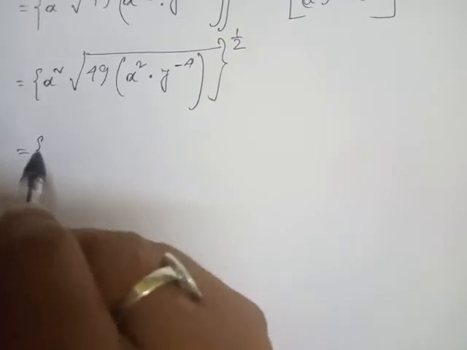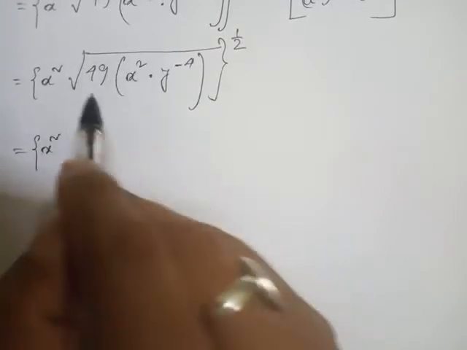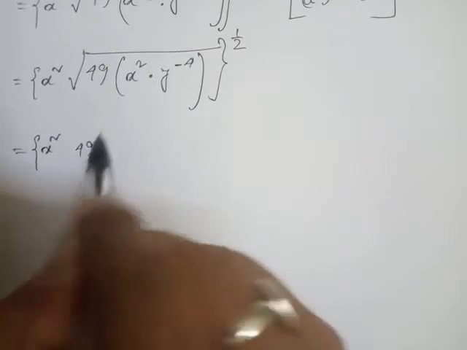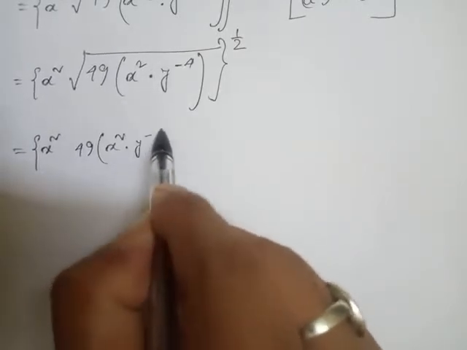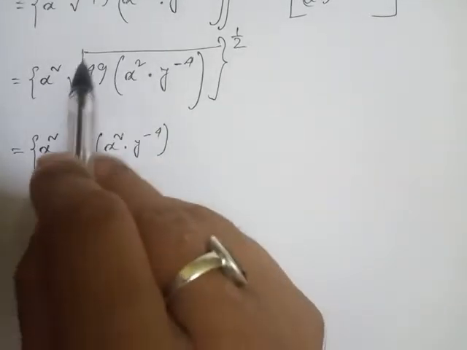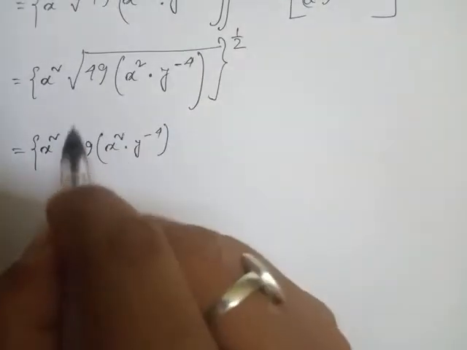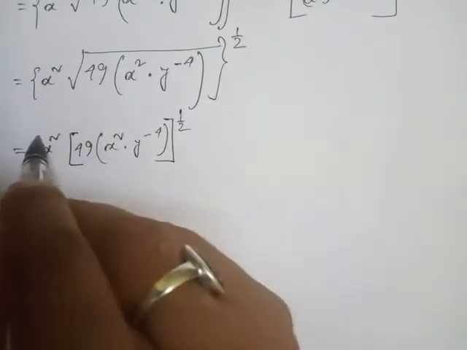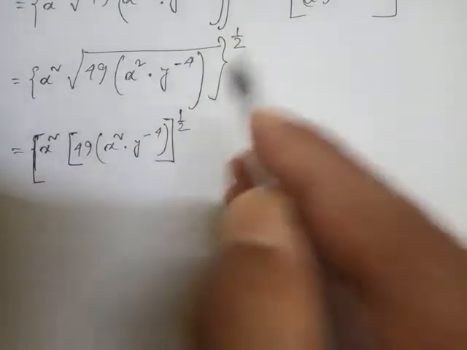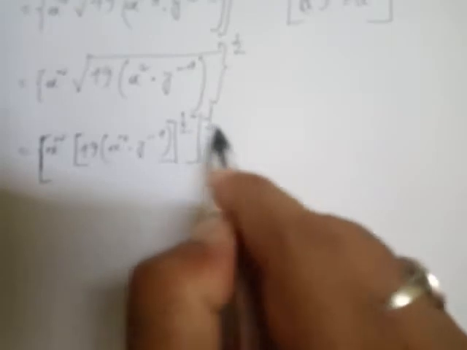Now how to remove this? Look here, x square, then root 49, then x square into y to the power minus 4, and this whole value under the root. So I will write third bracket, whole to the power half.